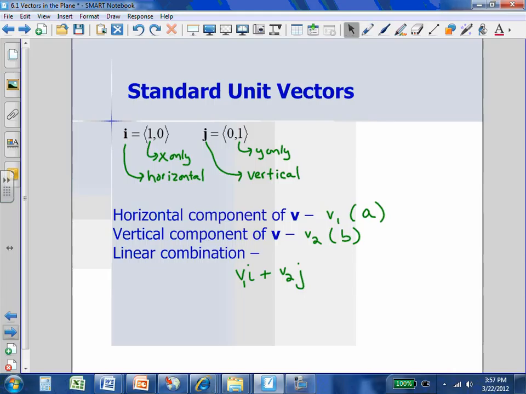Or likewise, you might see it with the a's and the b's, written as ai plus bj. The a and the b are simply describing how far, and the i and the j will tell you whether you're going horizontally or vertically. So there's that linear combination.